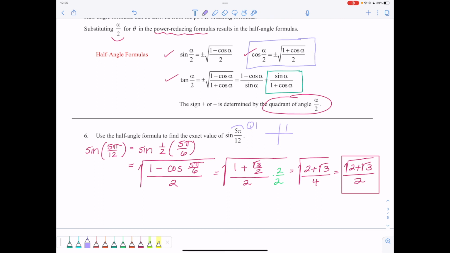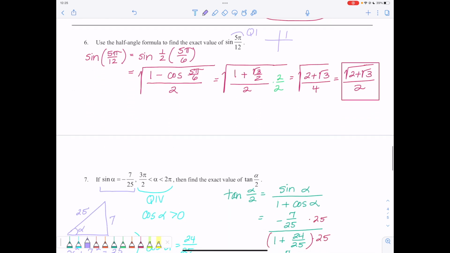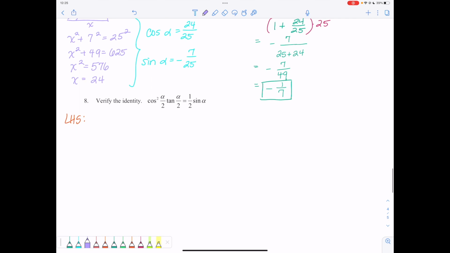So it will be plus or minus the square root of 1 plus cosine of alpha divided by 2. So we have that this left-hand side is the cosine of alpha over 2 all squared multiplied by the tangent of alpha over 2.